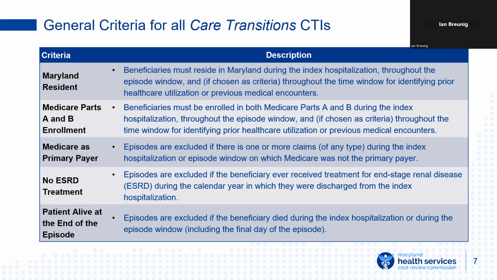While these criteria pertain to all CTI thematic areas, certain thematic areas will relax the ESRD or the death-related criteria based on the context. For example, palliative care CTIs by definition will not exclude patients whose episodes ended upon their death.